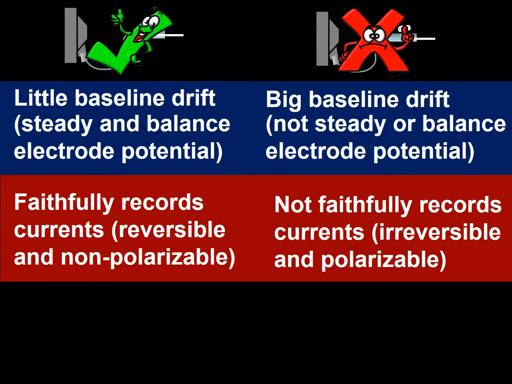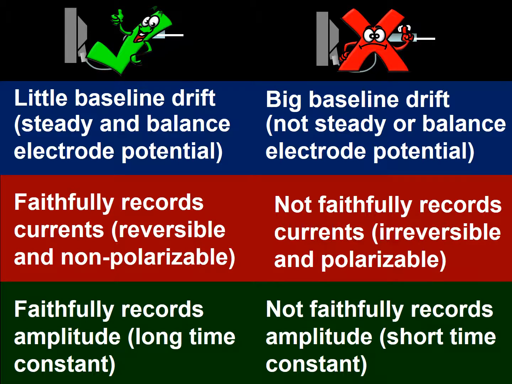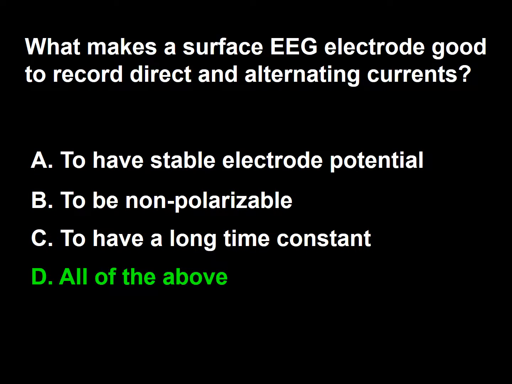Bad electrodes do not faithfully reproduce negative and positive electrical currents, nor do they faithfully reproduce low frequency or high frequency activities because they are irreversible and polarizable. Good electrodes faithfully record amplitude because they have a long time constant. Bad electrodes unfaithfully record amplitude because they have a short time constant. So the answer to this question is D, all of the above.